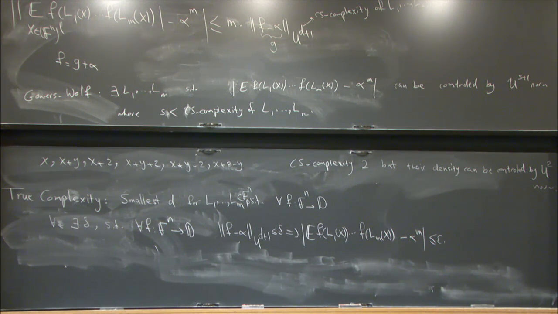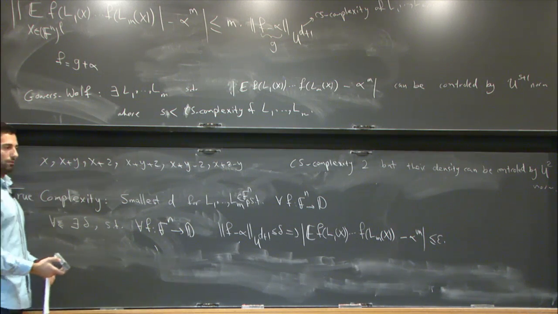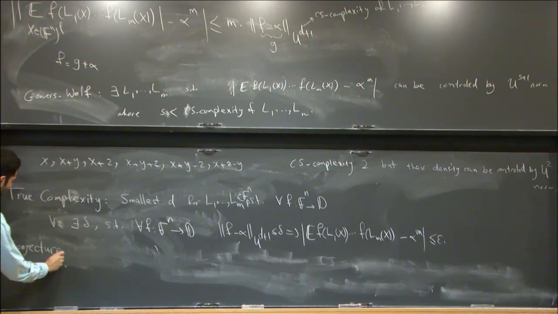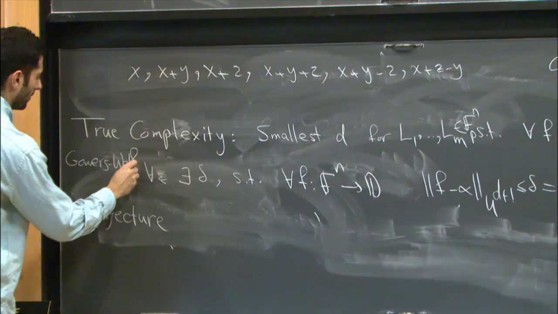And they also conjectured a characterization of the true complexity. So there's a nice linear algebraic characterization of the true complexity, and this is their conjecture. This was defined by Gowers and Wolf.